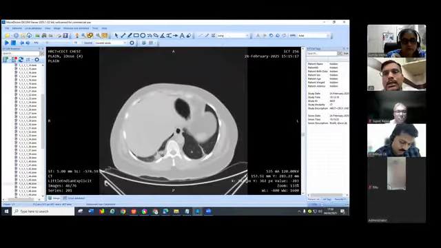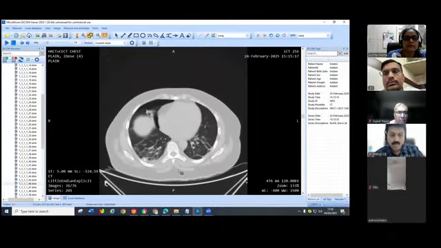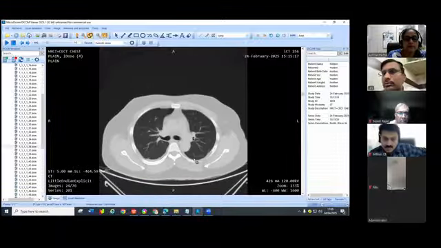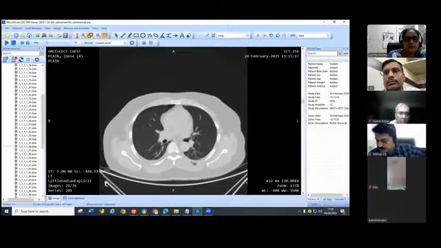So there is this area of consolidation in the right lower lobe, peripherally, and it's touching the pleural surface. The rest of the lungs, I think he has just had a biopsy just before the CT, a CT guided biopsy. So there is a pneumothorax. I'm presuming that is related to the previous biopsy.